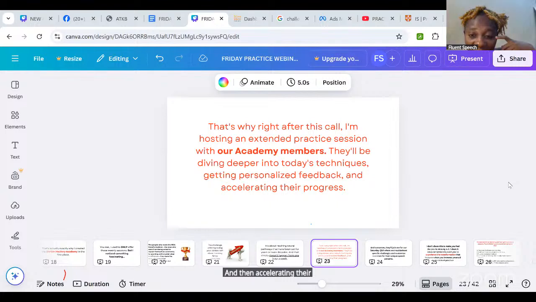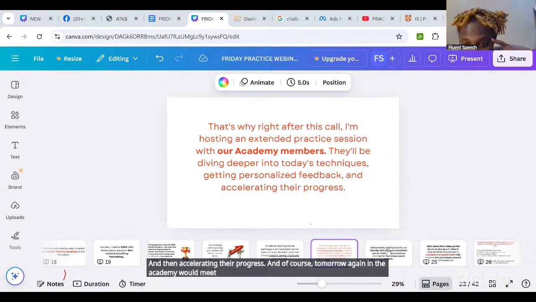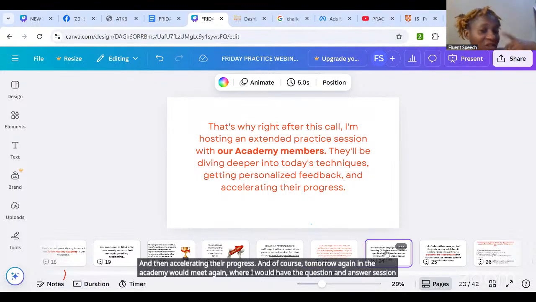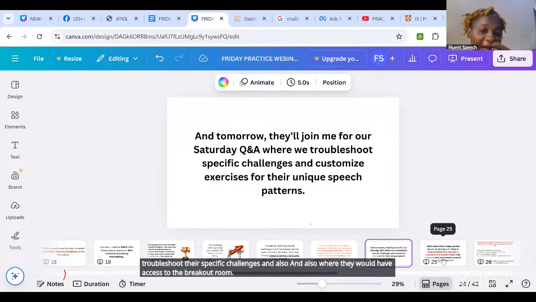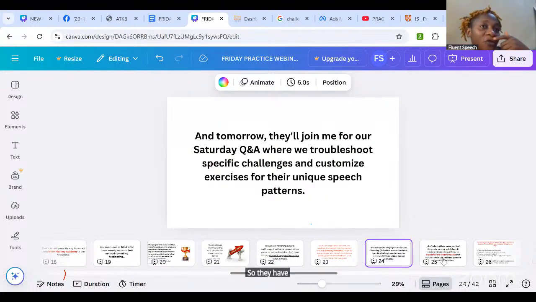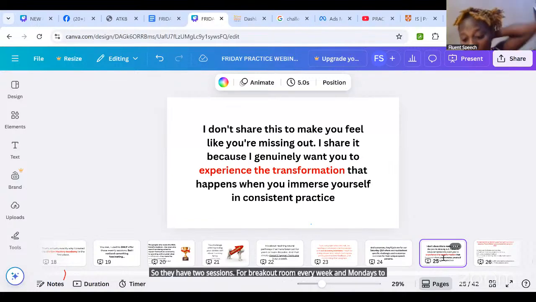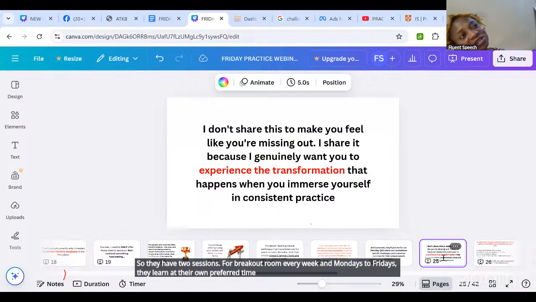And of course, tomorrow again in the academy we would meet again, where we'd have the question and answer session to troubleshoot their specific challenges, and also where they would have access to the breakout room. So they have two sessions for breakout room every week. And Mondays to Fridays, they learn at their own preferred time and submit the assignment in the assignment group. We listen to the assignments and we give feedback.